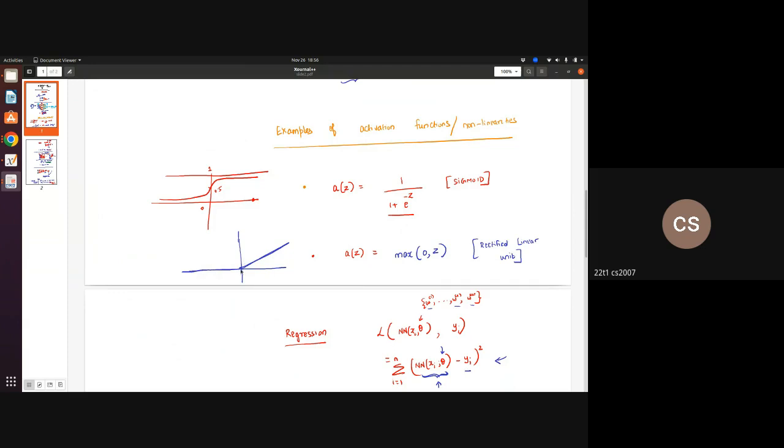And if the value produced by some neuron is positive, it will let it be. That's how a rectified linear unit function works. So this is a linear unit, the rest is all 0. It can be represented as max of 0 and the value. If the value is negative, you get a 0. If the value is positive, you get that value.